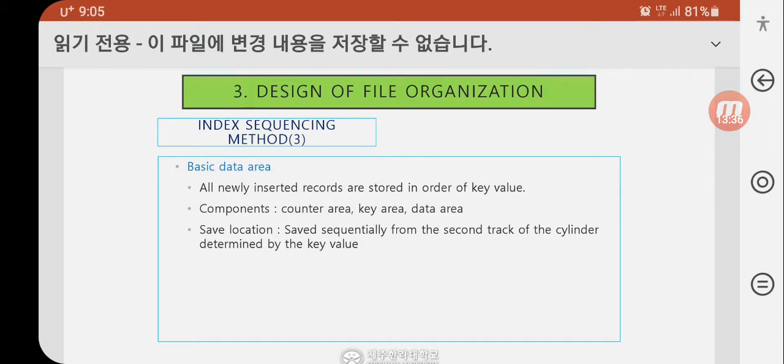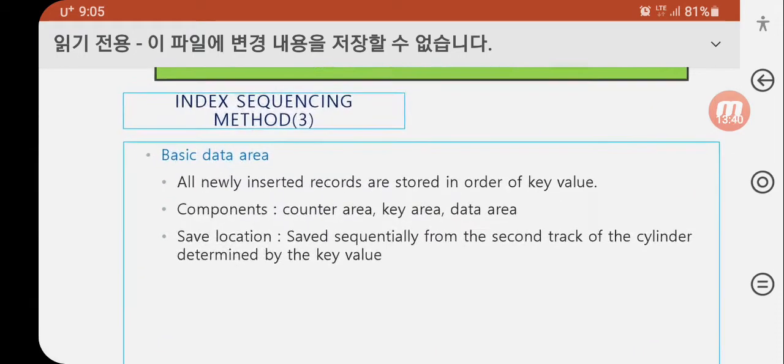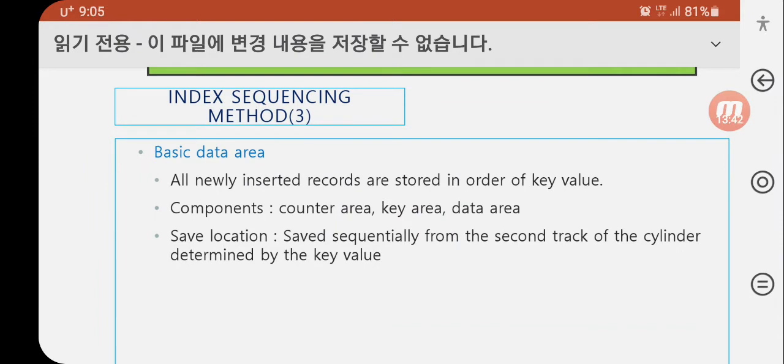Basic data area is used when the file is initially created. The data to be processed is recorded for each record.